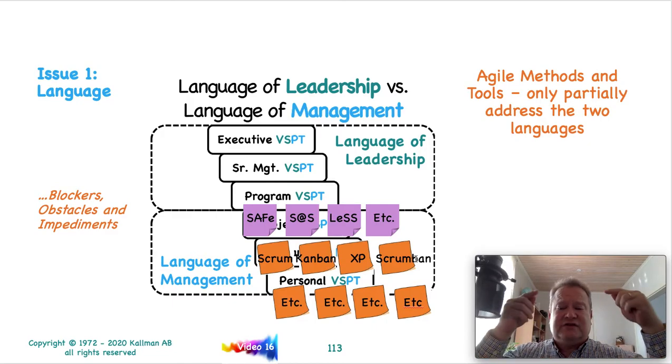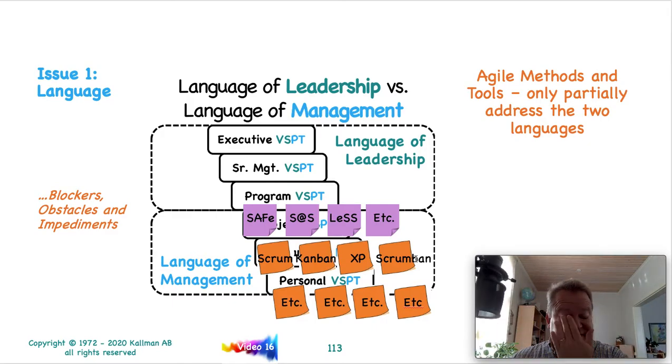Okay, and it gets worse when you go up to the scaled agile level. At the scaled agile level, it's like tools on steroids. So it doesn't matter if it's SAFe, Scrum at Scale, LeSS, Nexus, or whatever scaled methodology you're doing.